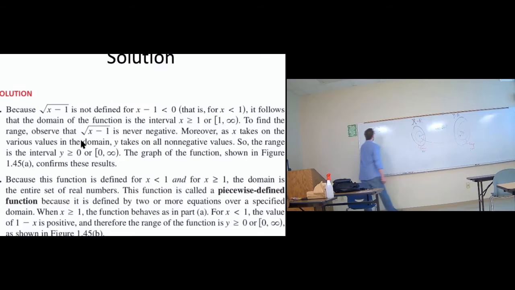You've got something that looks like this, something that looks like that, something that looks like that, and something that looks like this. All right, what does this notation mean?